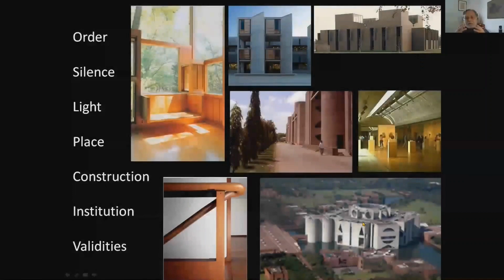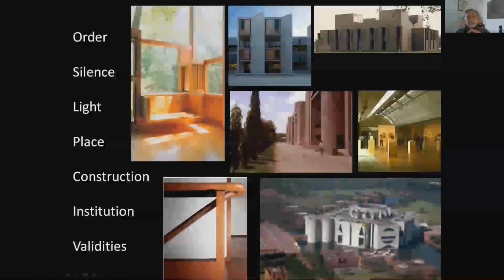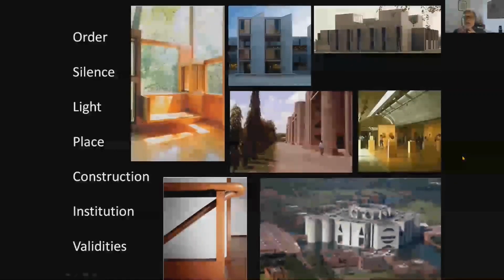The 7 primary themes that emerged from looking at his architecture are listed here on the left: order, silence, light, place, construction, institution, and validity.